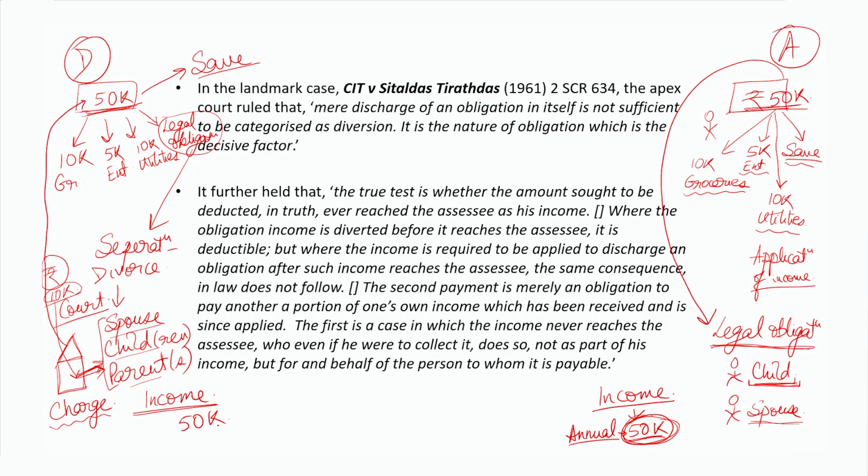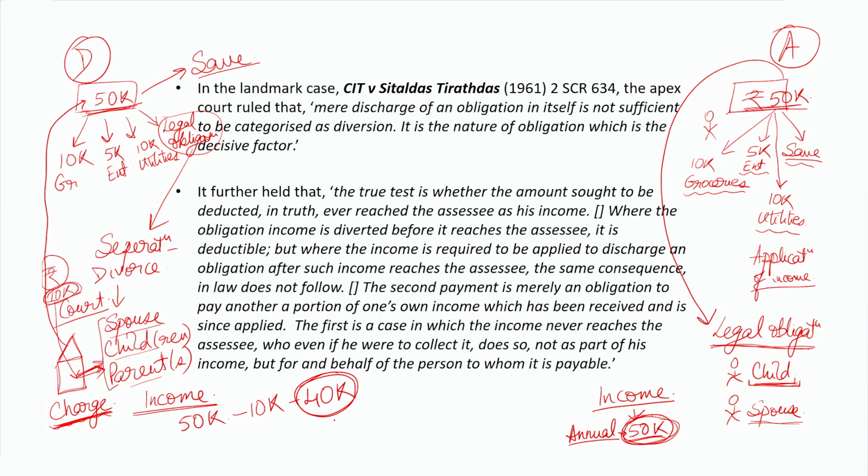So while you are earning 50,000, because a charge has been created on this particular property, and that amount will be used to meet the maintenance of the people who are entitled to be maintained out of the income, therefore the income that the person has earned through the year would be treated as not 50,000 but rather as 40,000, okay?